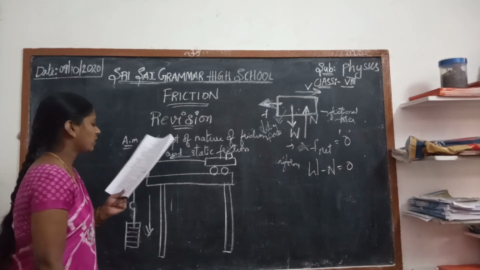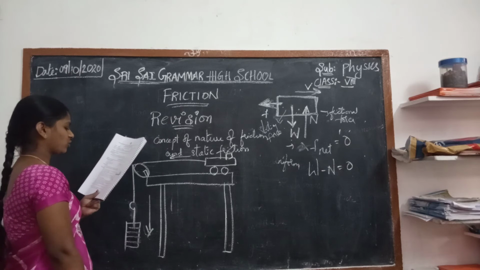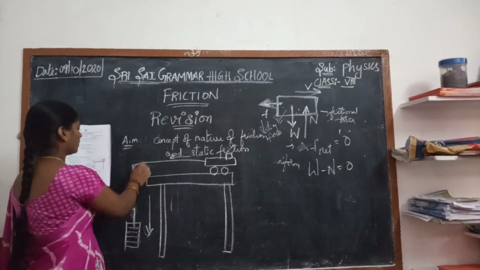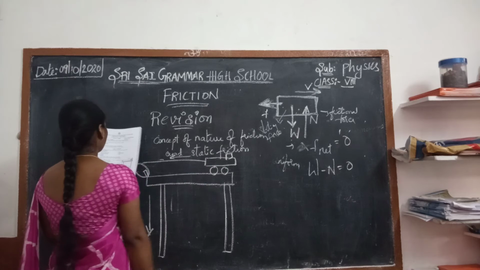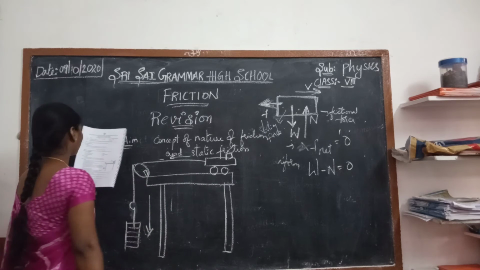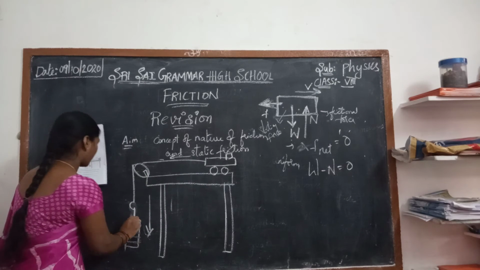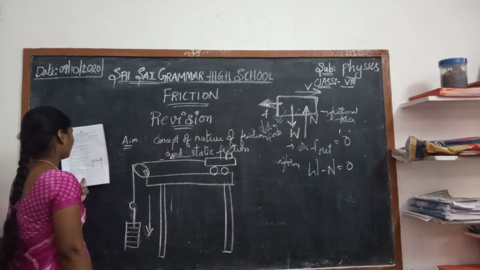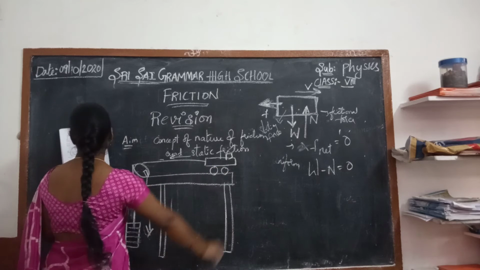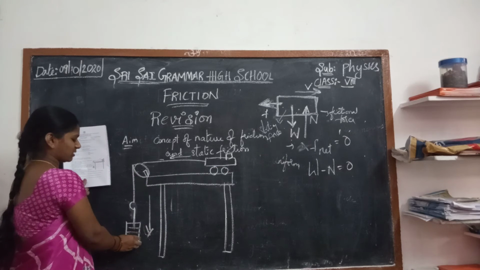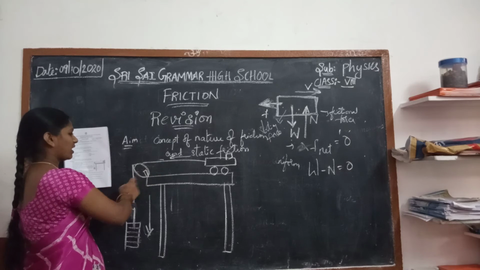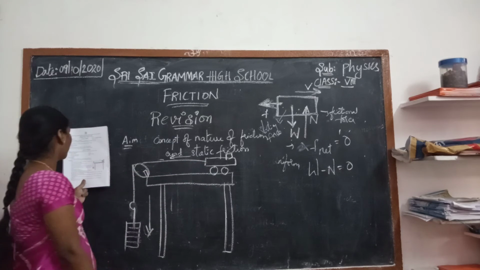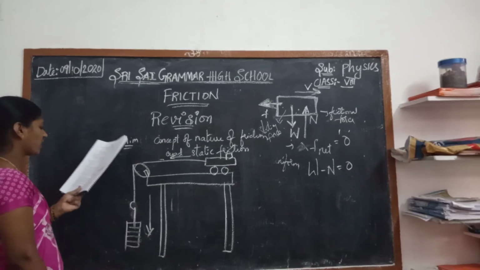Now let us see the materials: a toy trolley and also a pulley, a small wooden block, weight hangers, an inextensible string, a table, and also weights. These are the pulleys we are going to take for this experiment.